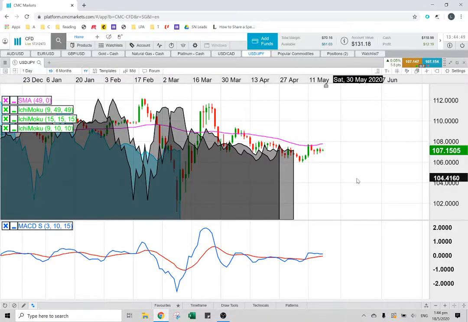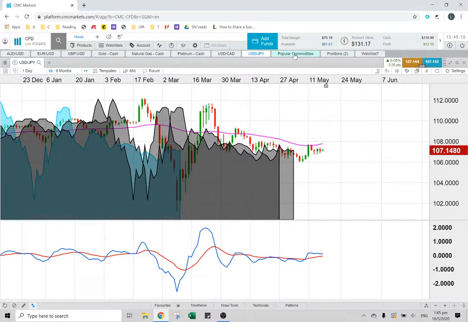Although the pink and the red line are up, showing a concurrent mode, over the next 2, 4, 5 days or so we are definitely seeing the trend be flat if the price continues to stay here. So no trade for now for USDJPY.